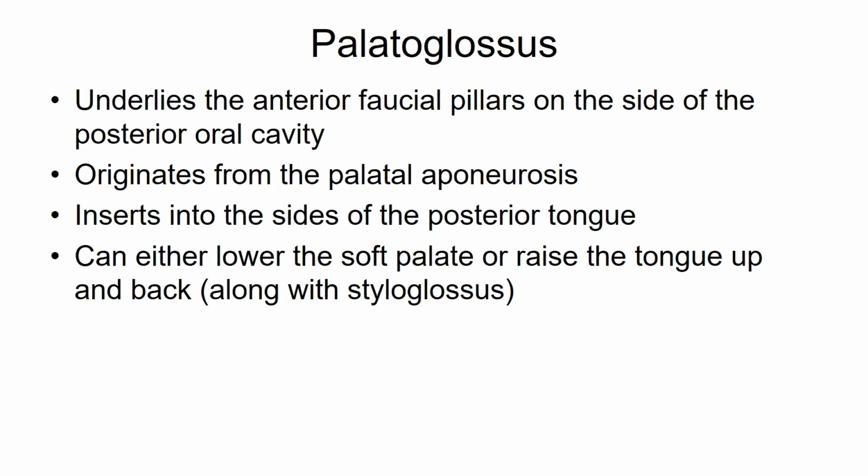It inserts into the sides of the posterior tongue, so depending on other muscles being used synergistically, the palatoglossus can either lower the soft palate or raise the tongue upward and backward, or bring the soft palate and the posterior part of the tongue dorsum together as part of speech articulation, or in some cases in the chewing and swallowing that we're going to talk about later as well.